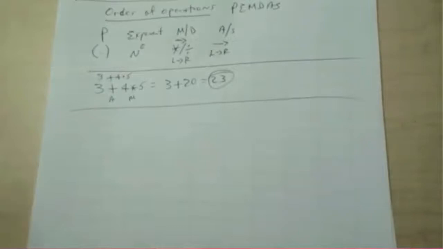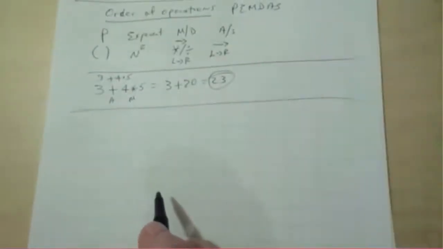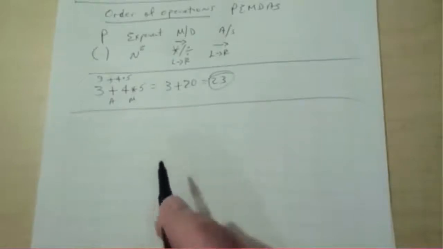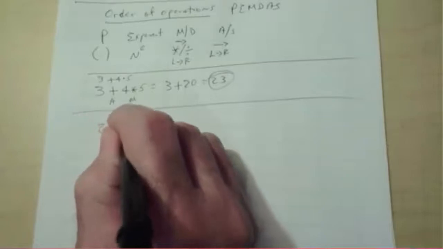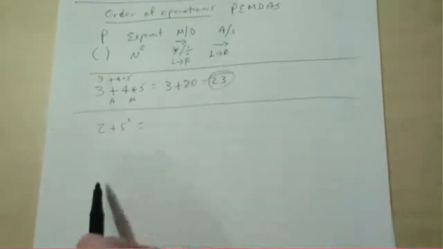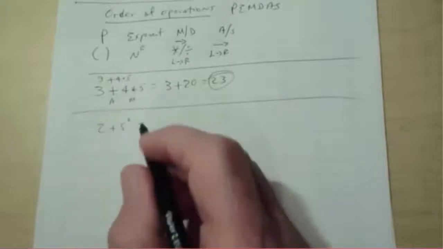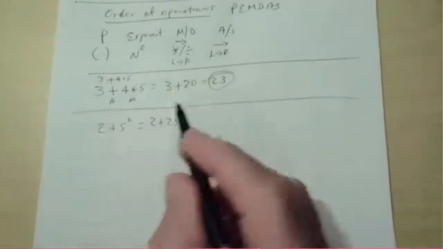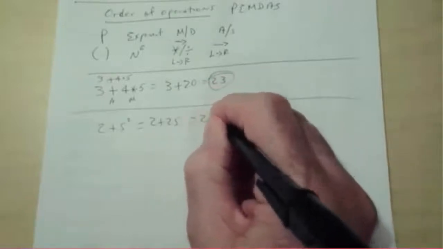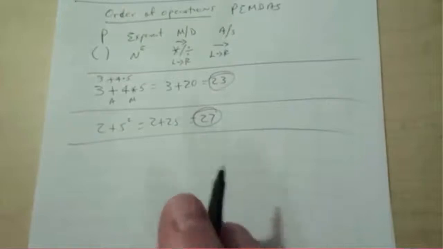Again, the variables are letters, A, B, C, D. Okay, now what if we have this? 2 plus 5 squared. We have addition and we have an exponent. We're going to do the exponent first. 2 plus 25. We'll talk more about the exponents in a minute. And that's 27.